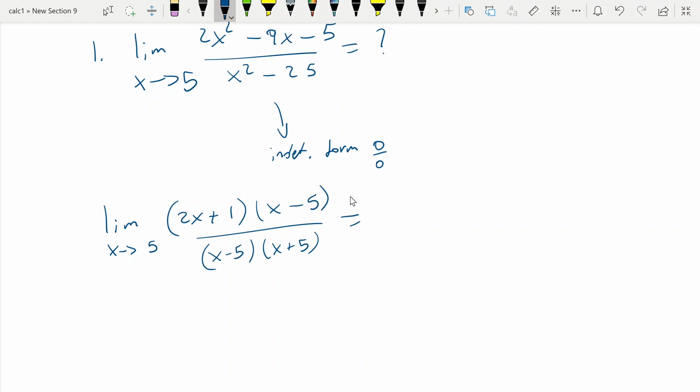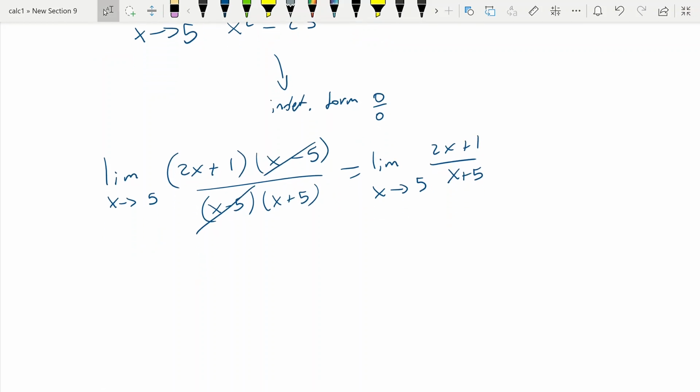It allows us to compute this limit. So now that we've become experts at doing this, we simply go ahead and simplify this. Remember that we never allow x to be equal to 5. So we just compute the limit as x approaches 5 of (2x plus 1)(x minus 5) over (x minus 5)(x plus 5), which simplifies to (2x plus 1) over (x plus 5). Now we need to check again. If we want to use the substitution method, we have to make sure that both quantities are continuous.